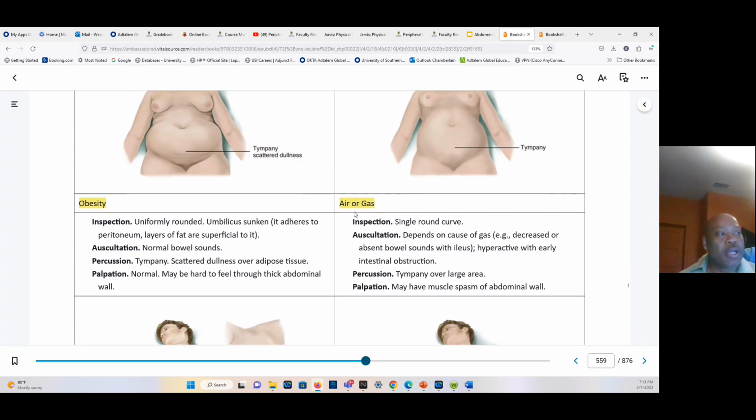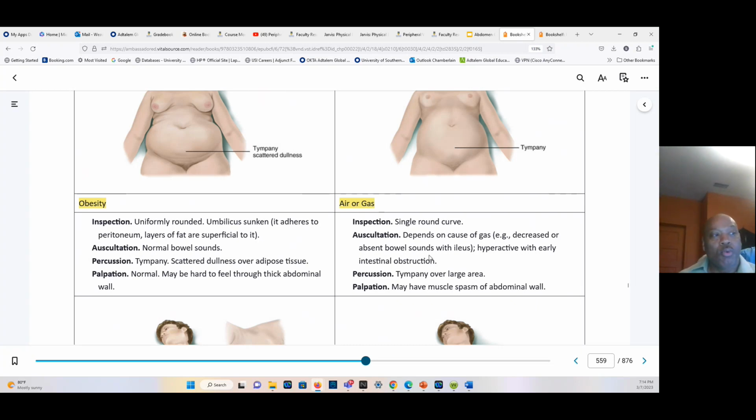If there's air or gas, as far as inspection, a single round curve. When you auscultate, depending on the cause of gas, there can be decreased or absent bowel sounds with an ileus, because with an ileus those intestines are not moving. Hyperactive bowel sounds occur with early intestinal obstruction, so before the obstruction fully develops, you'll hear the hyperactive bowel sounds.